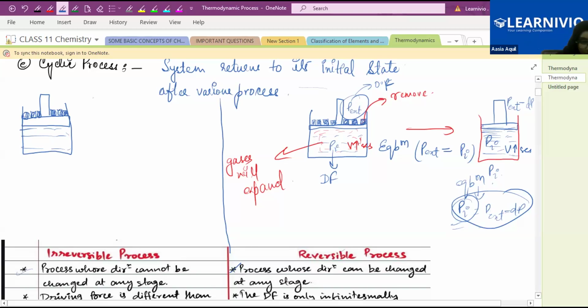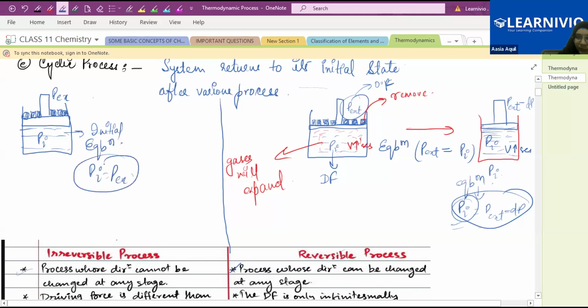So these are some weights. This is the gaseous particles. This is the P internal, and this is the P external. Now, what happens in the irreversible process? It's a rapid process. Initially, it was in equilibrium. Means P internal will be equal to P external.